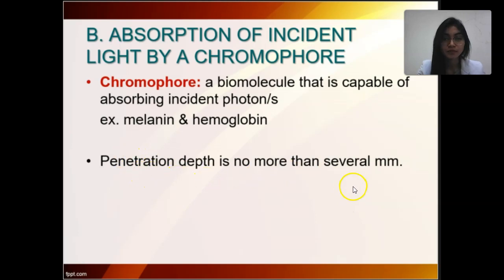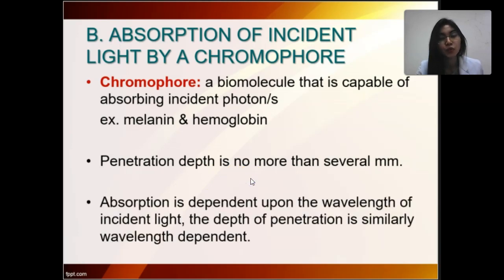However, the penetration depth is no more than several millimeters, so somehow it is still superficial. Absorption is dependent upon the wavelength of the incident light. The depth of penetration is similarly wavelength dependent.